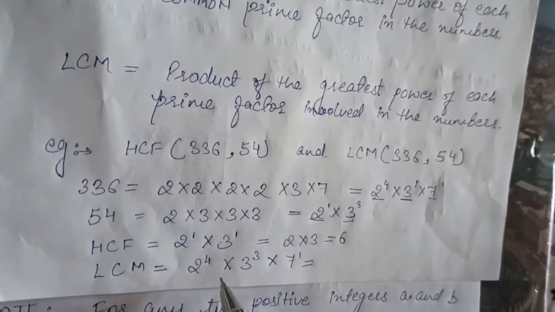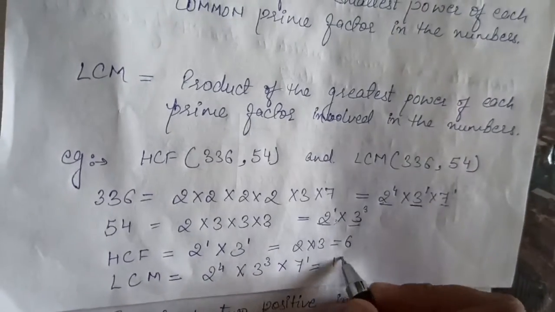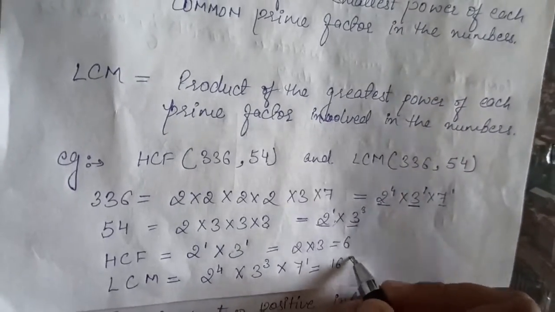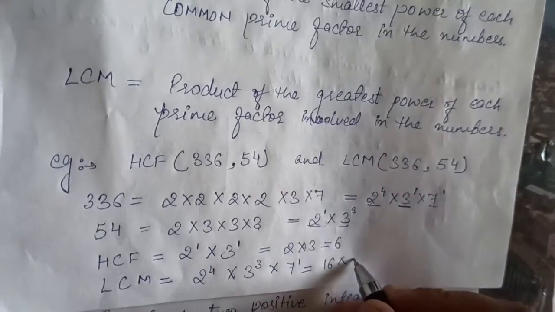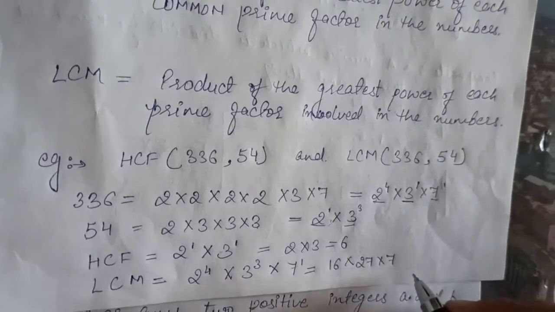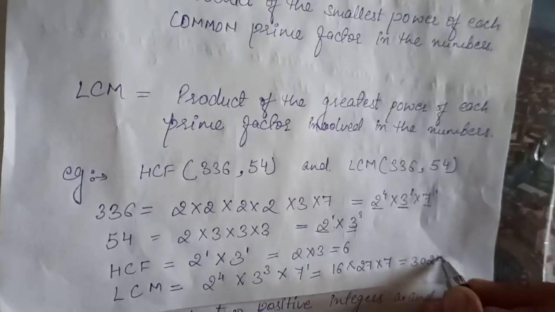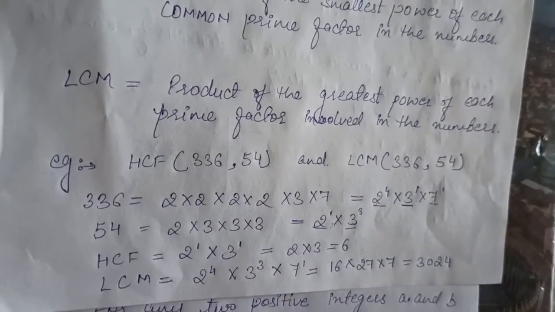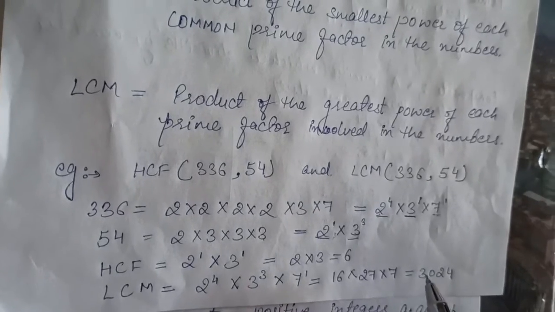Now we will take the product of all these. So 2 raised to power 4 means 16, into 3 raised to power 3, which means 3 into 3 is 9, 9 into 3 is 27, multiplied by 7, which is equal to 3024. So in this way we can find the highest common factor and least common multiple.